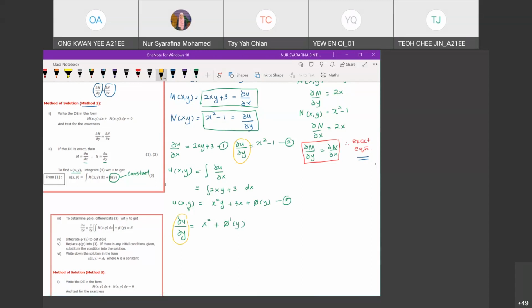And then what can you do here? Compare del u del y that you obtain here with the second equation. So this one we have x squared plus psi prime y. Another one we have x squared minus 1. So what can you conclude from this comparison?